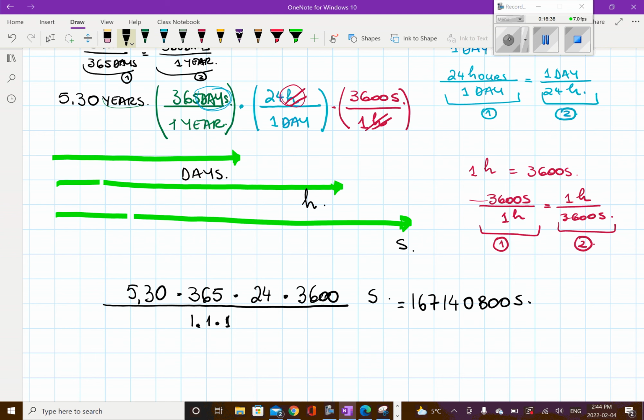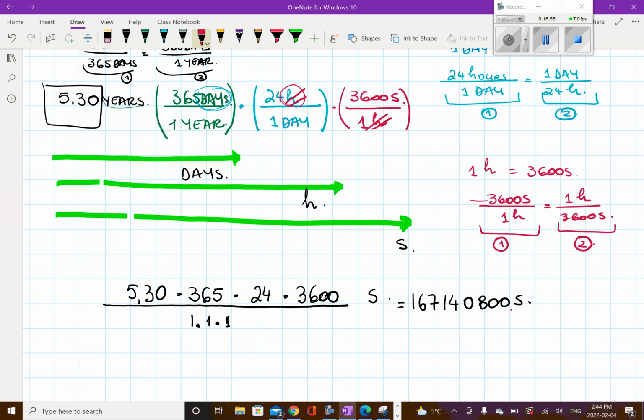seconds. When we see this number, we notice that it has 9 significant digits, and we want to express it with 3 significant digits, like the initial information.